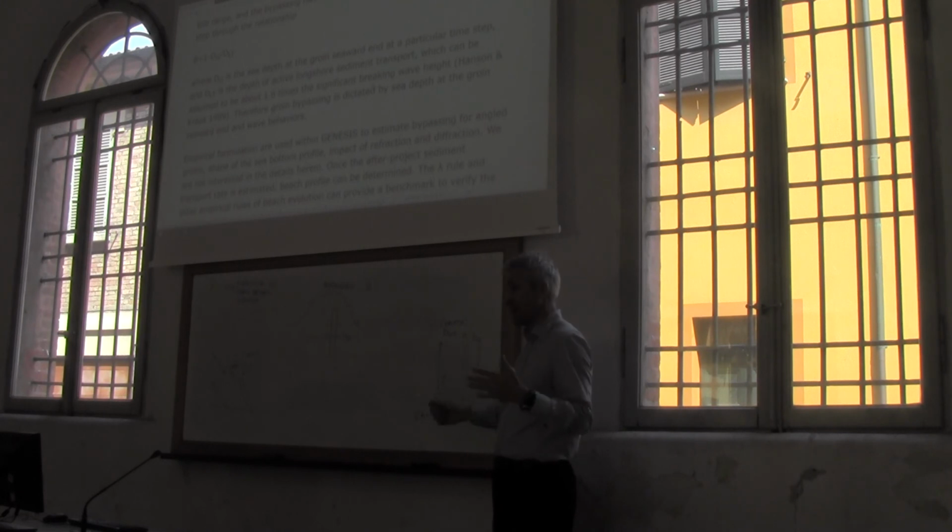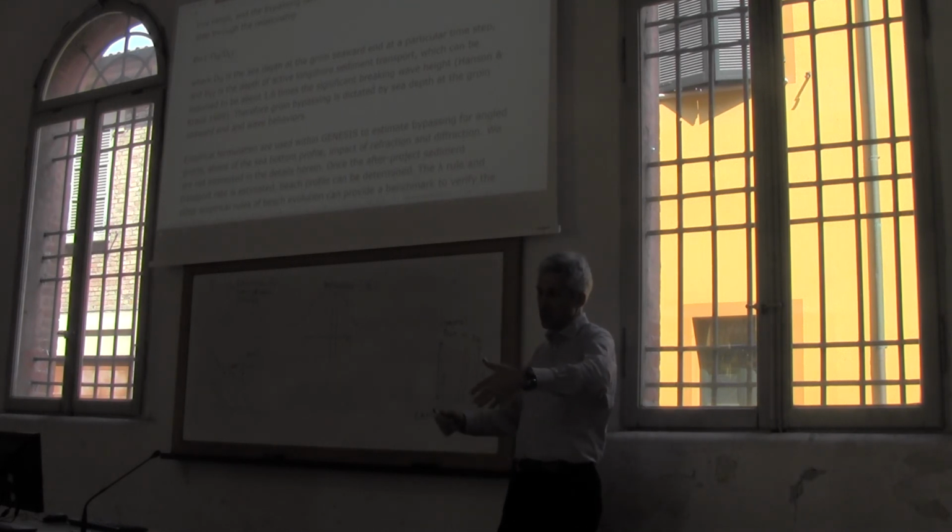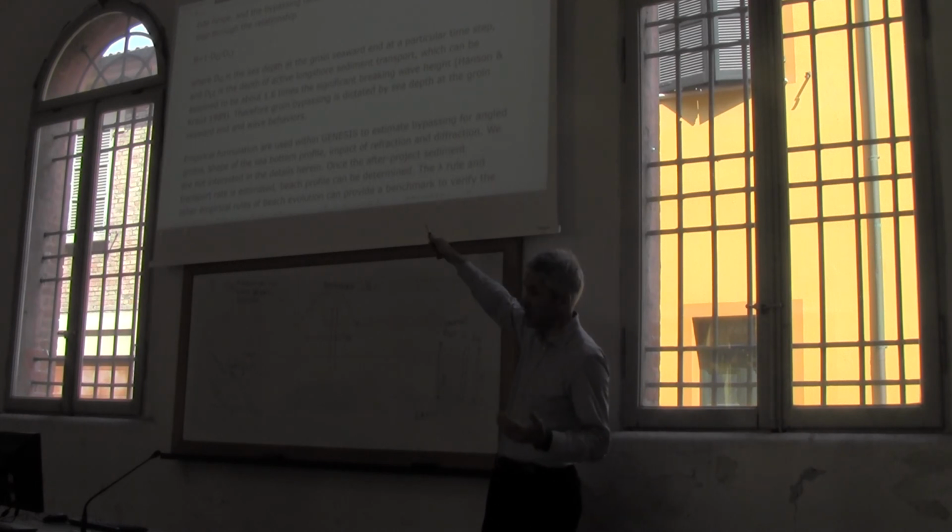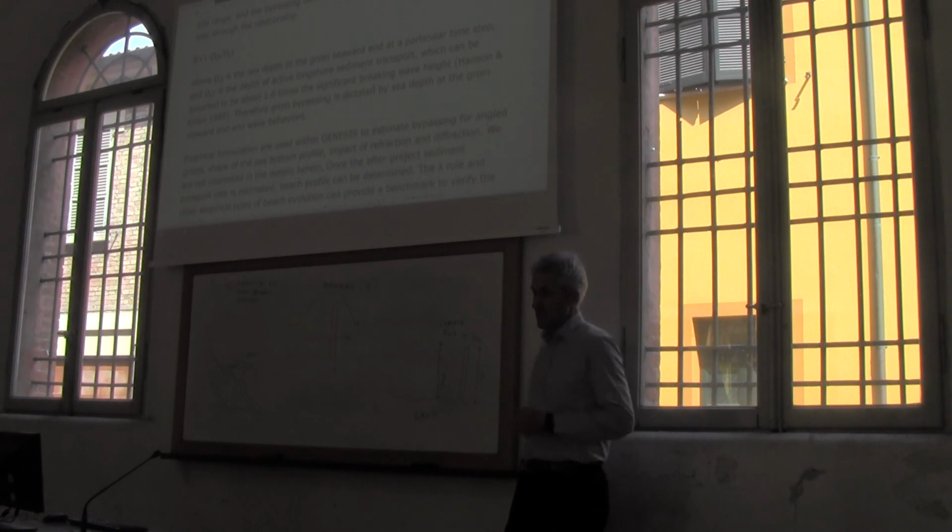The length of the active zone is more difficult. You can estimate it, for instance, if you go into the sea and see where you don't have any sand anymore. But this is really complicated, and also the empirical formulation is complicated.